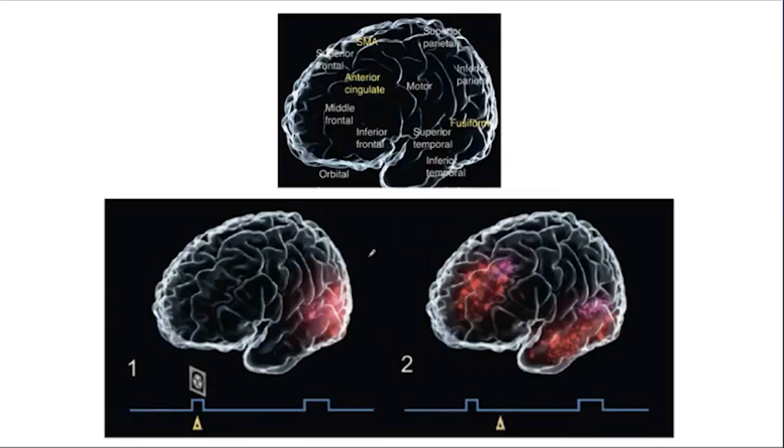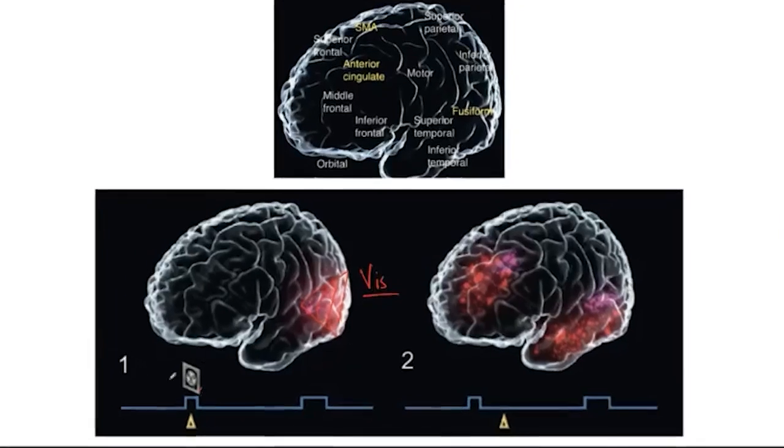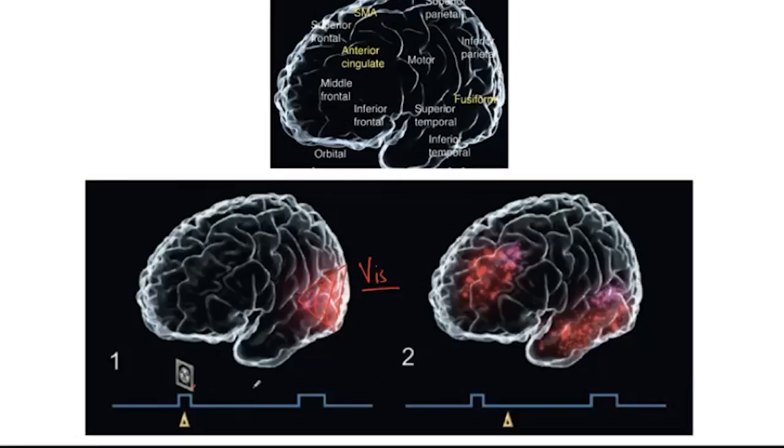As soon as we show the subjects the figure, obviously we'll have an activation in visual cortex because of seeing this. And then a few milliseconds after the initial presentation of the visual stimulus, we have activations in areas, as we discussed, inferior temporal and fusiform areas.